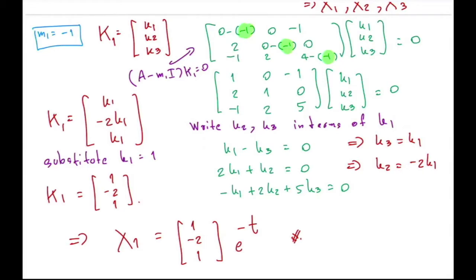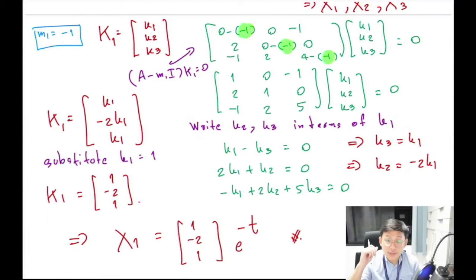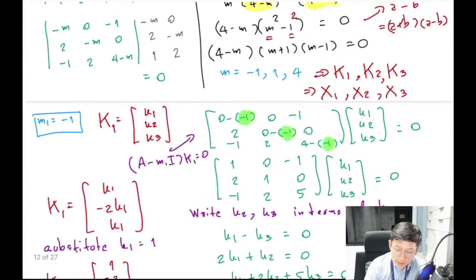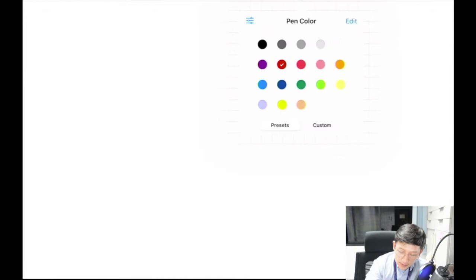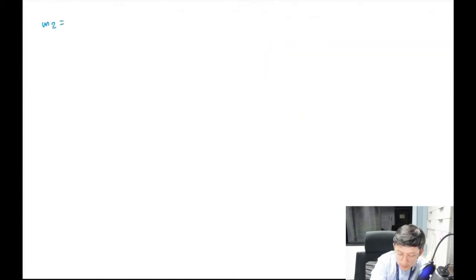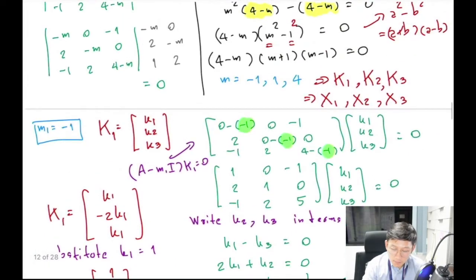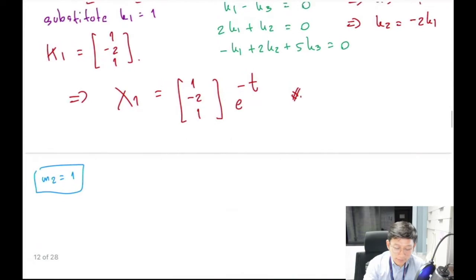After that, you need to work on the second solution. And you know that m2 is 1. We have minus 1, 1, and 4, so m2 is 1.